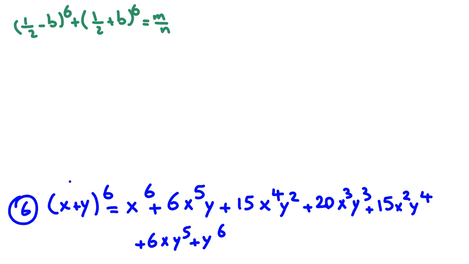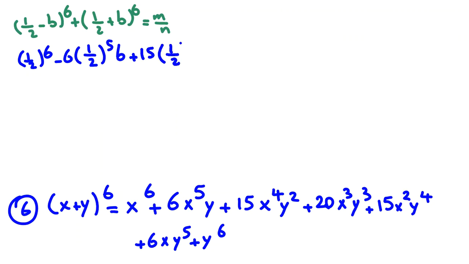So the first one, if I use this, will be the first term to the power of 6, 1 half to the power of 6, plus. Here, because y is negative b, you should write negative 6 times 1 half to the power of 5 times b, plus 15 times 1 half to the power of 4 times b squared.